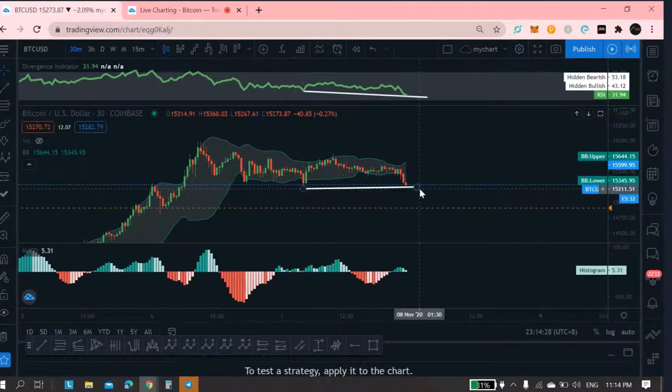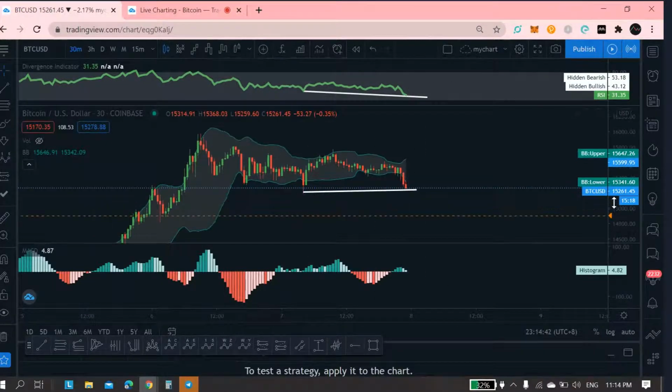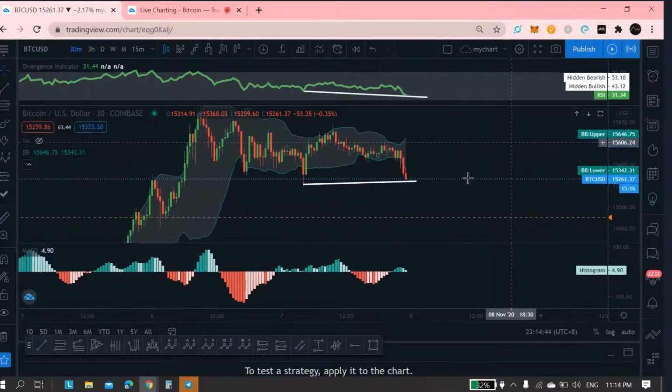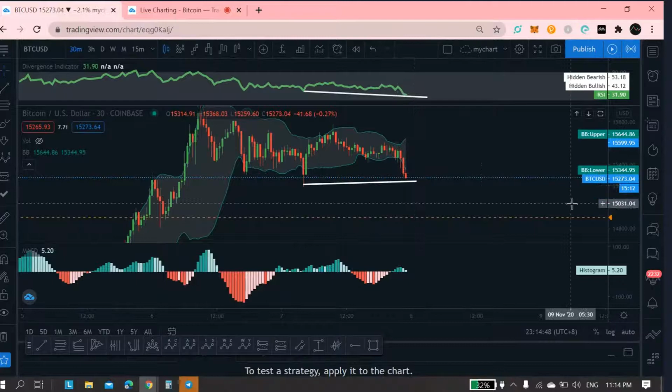So this is actually a possible bullish divergence in a 30 minutes time frame. This is a possible hidden bullish divergence, and it's already trading outside this Bollinger Band, because the lower Bollinger Band is 15,344.